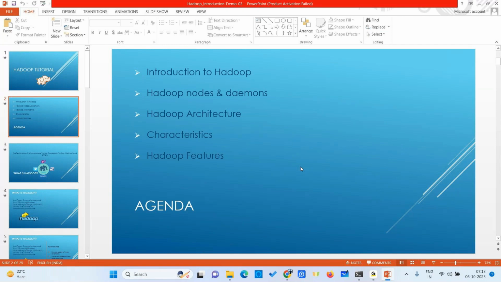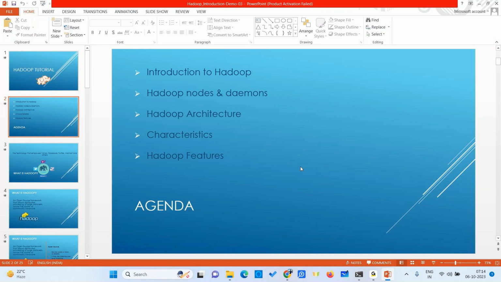The file system that manages the storage across the network of machines is called a distributed file system. That means we cannot perform all the tasks on a single machine. So we are going to construct a group of computers in a network that is called a cluster.